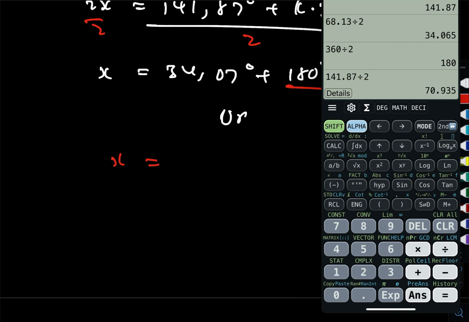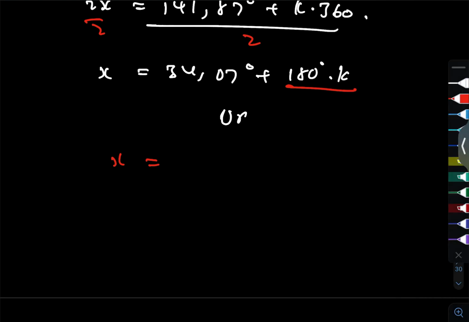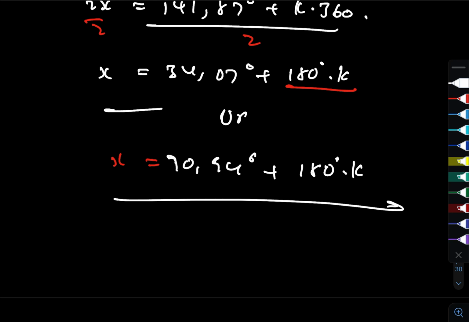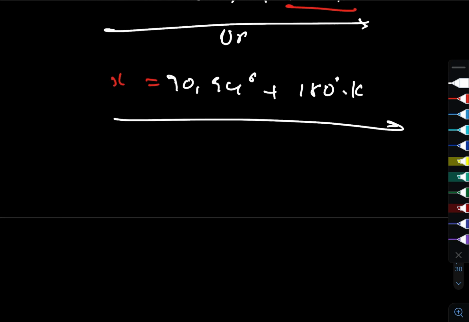That's going to give me 70.94 degrees. And then plus 360 divided by 2, which is 180 times k. And that's my general solution to that. So that's basically how you work out those kinds of problems.